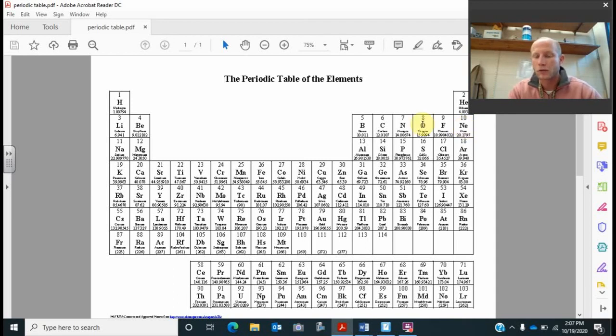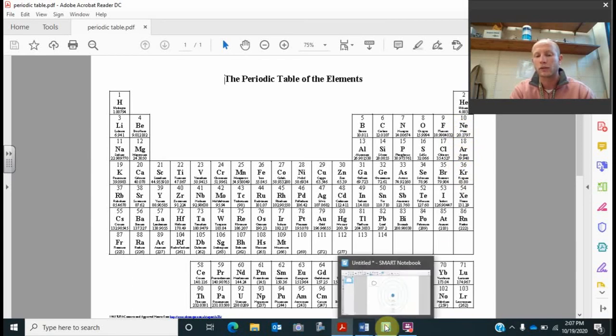Well, will he want to lose 1, 2, 3, 4, 5 electrons and become charge 5 plus? Or would oxygen rather gain 1, 2 electrons? So if you gain 2 electrons, those are 2 negatives, right? So then it'd be -2. The answer is oxygen would rather go this way. He'd rather gain 2 electrons to get to this noble gas configuration. It'd be easier to gain only 2 instead of losing 5.